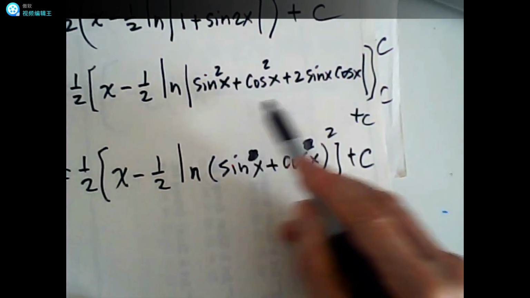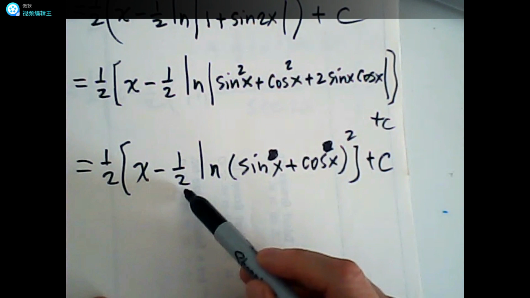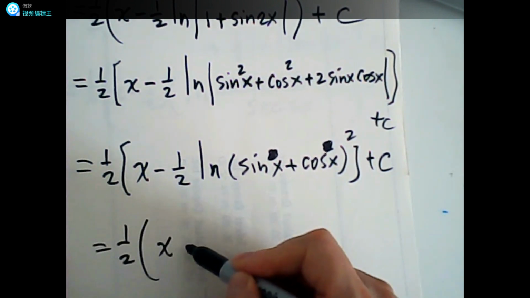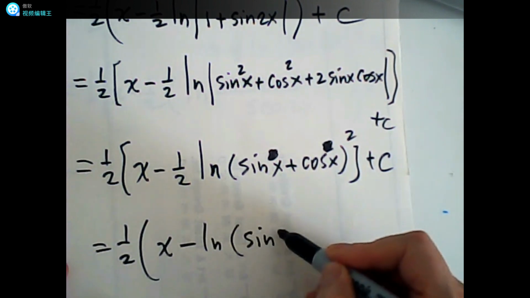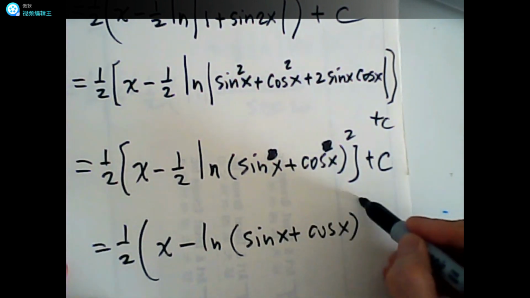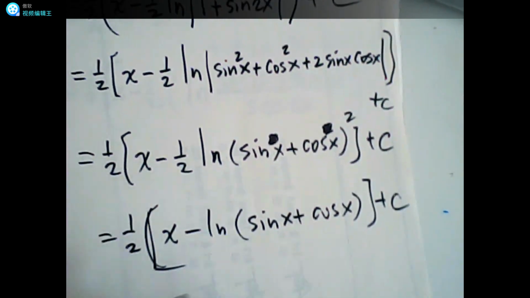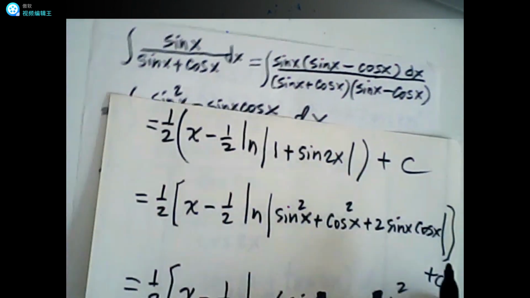Okay, this is a perfect square, right? Sine plus cosine squared. And this square cancels with this half. It becomes half x minus log of sine x plus cosine x, plus c. So that is the very answer to my integral in the beginning. Right. Okay.